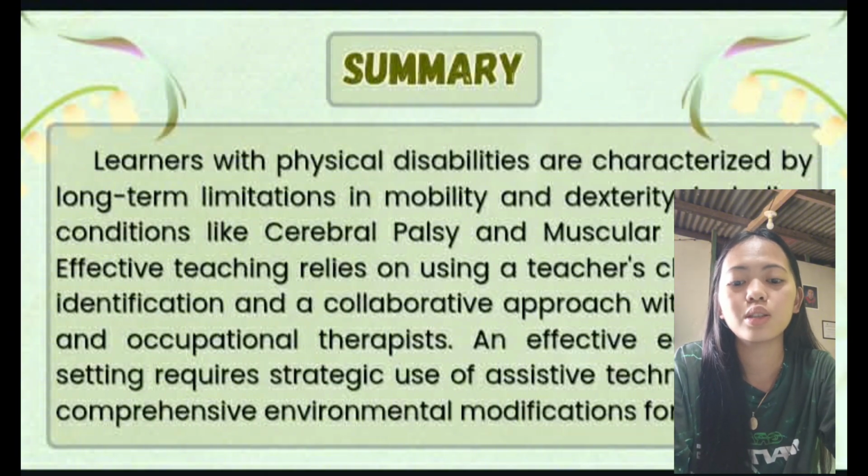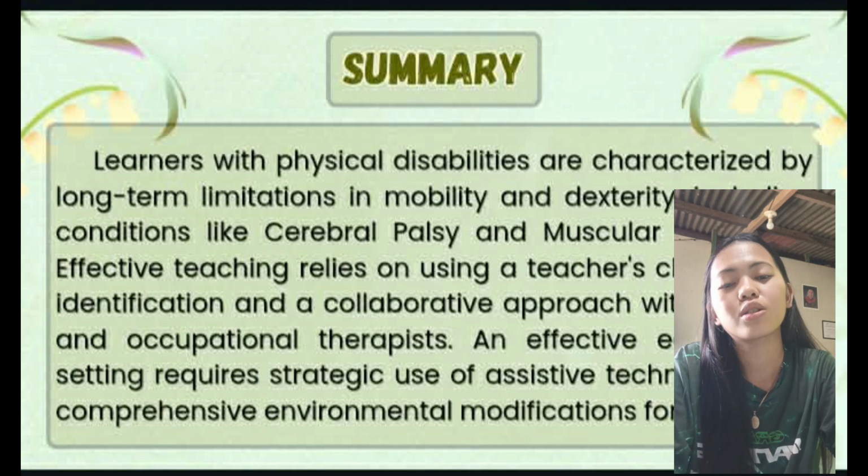Next is collaboration, so working with physical and occupational therapists for professional support and intervention. So inclusion requires a strategic approach. So first, we must have this strategic approach, assistive technology or AT, so the use of specialized devices for mobility, for example, wheelchairs, mouth sticks, and communication like speech-generating devices.